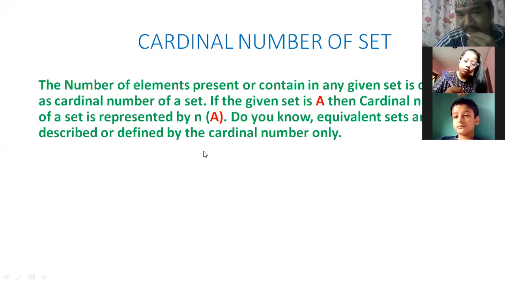If one set has three elements, its cardinal number is 3, right? And if another set also has three elements, that will be the cardinal number of the other set. In such a case, those two sets are known as equivalent sets. That means equivalent sets are defined by using the cardinal number of the sets. Understood, children?